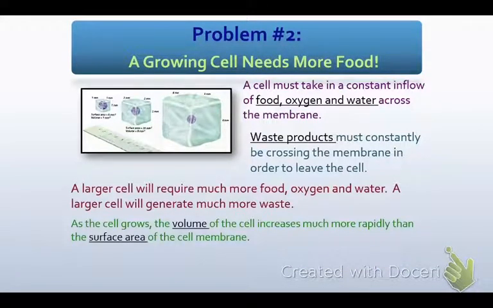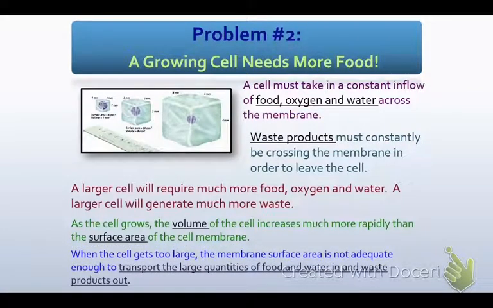As the cell grows, the volume of the cell increases much more rapidly than the surface area. So now there's not enough surface area for that exchange to happen. The membrane surface area is not adequate to transport the large quantities of food and water in and waste products out.